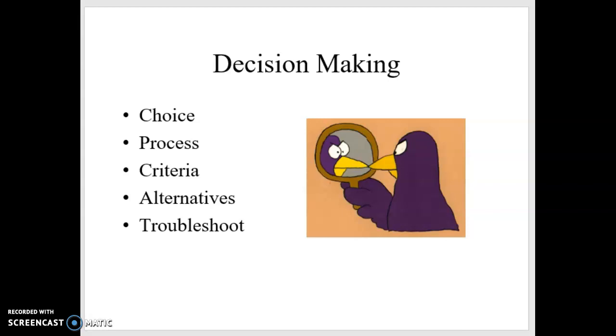If we use our critical thinking and we use our creative thinking, along with our knowledge, as well as our exemplars from the past, we have a set of criteria that we'll look at and develop alternatives. We will also start to troubleshoot and ask, what if? The what ifs are the ones we have to be careful with when we're doing our test questions, though.